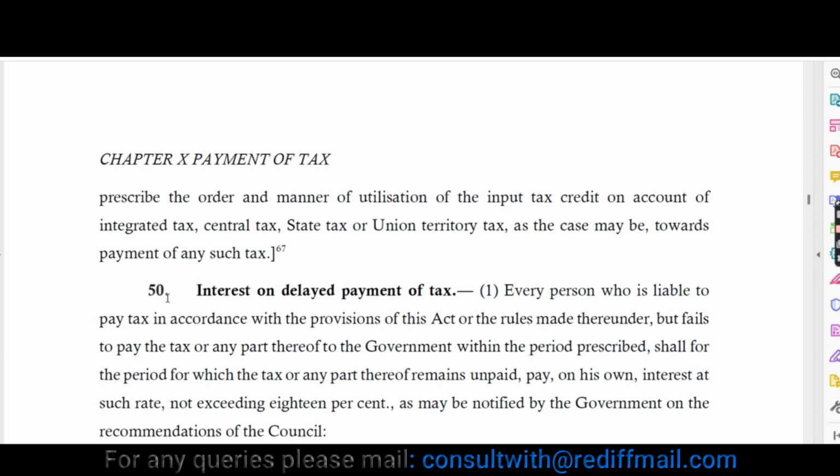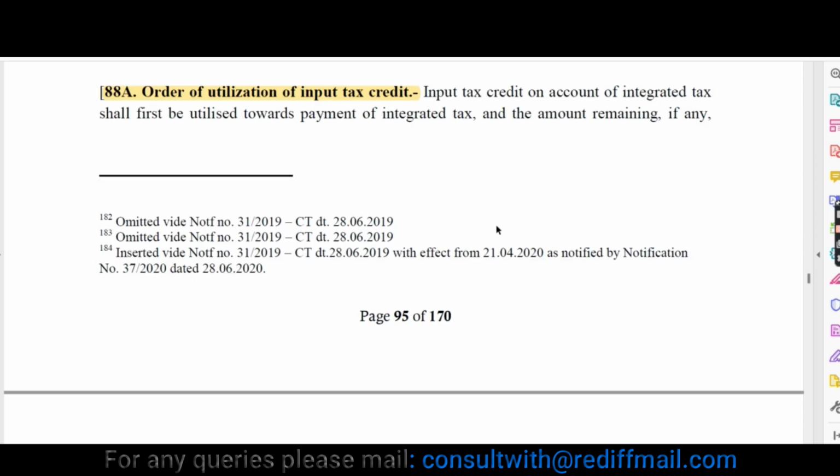Accordingly, Rule 88A of the CGST Rules 2017 was made, the order of utilization of input tax credit.